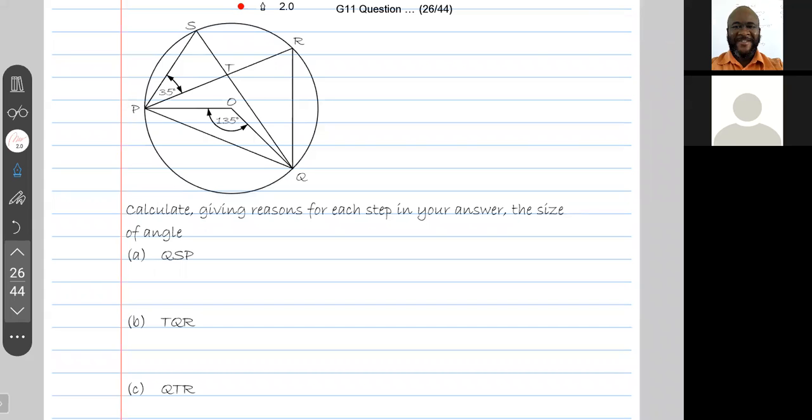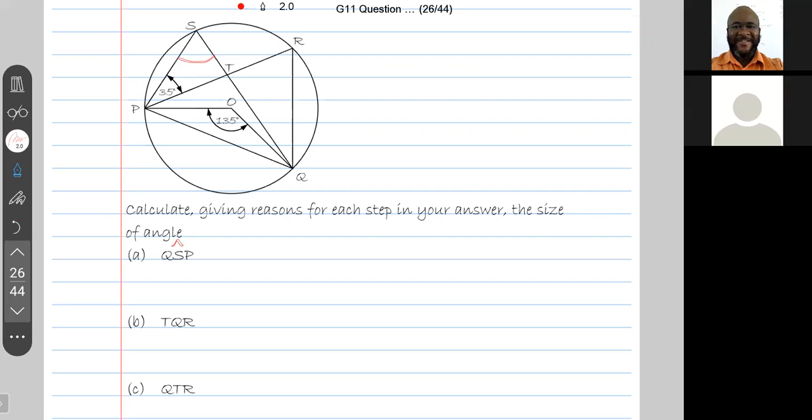All right, so the first angle we need to find is the angle QSP. So that is the angle at S. Whenever 3 letters are used to reference an angle, the angle is always at the letter in the middle. So we need this angle here. What we have to learn is how to spot the theory in the diagram.